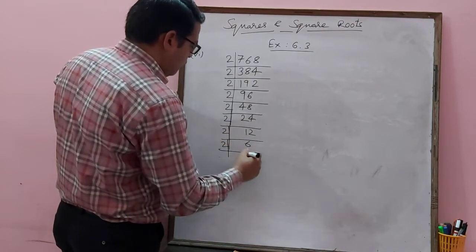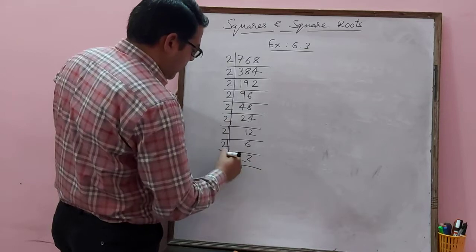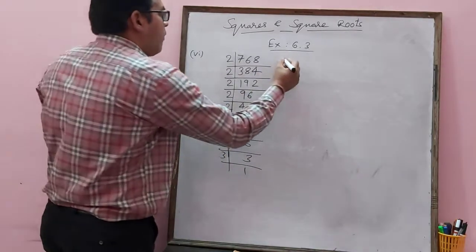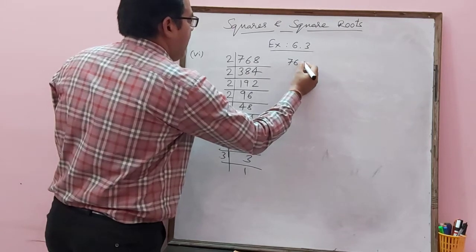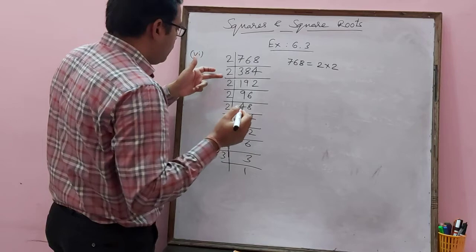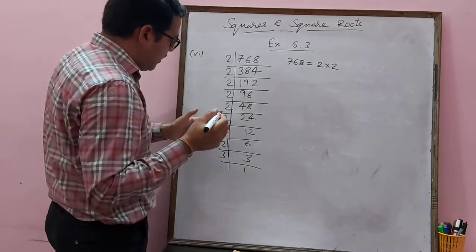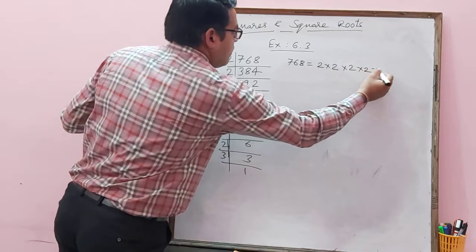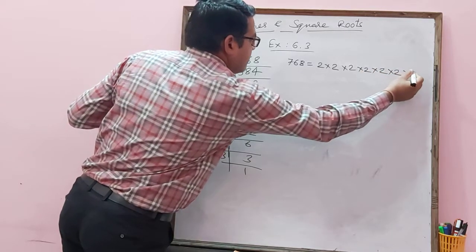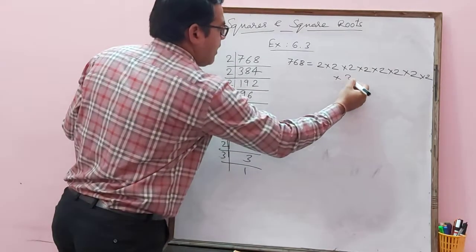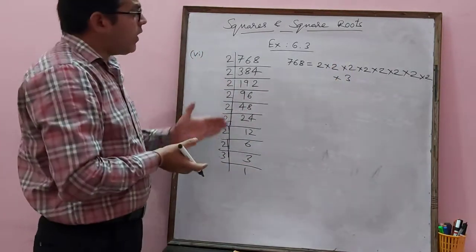Again by 2, 3 times. And by 3, 1 time. So factors of 768 are 2 eight times, and 1 time 3.